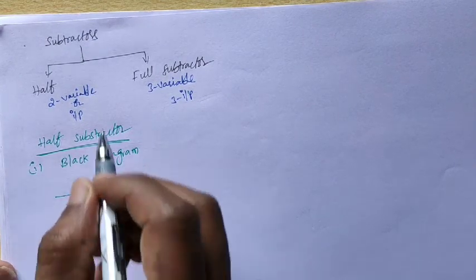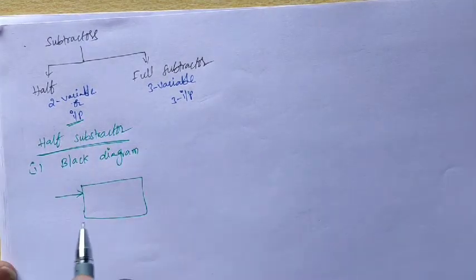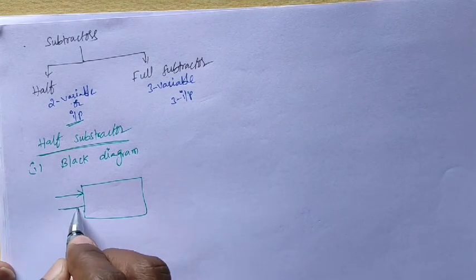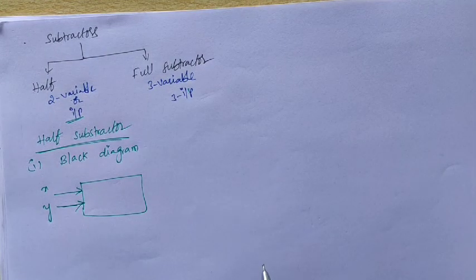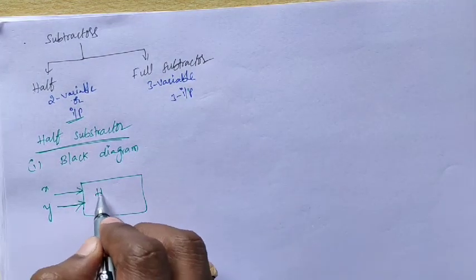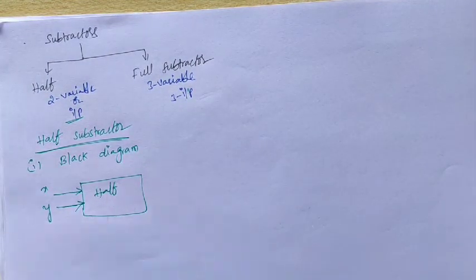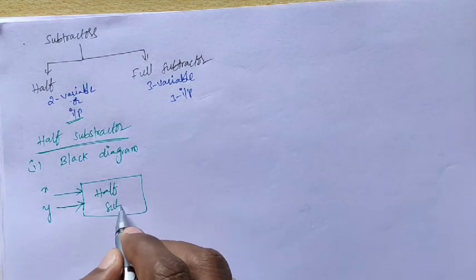Here there are two variables, so two inputs, let them be x and y. The name of this combination logic circuit is half subtractor.